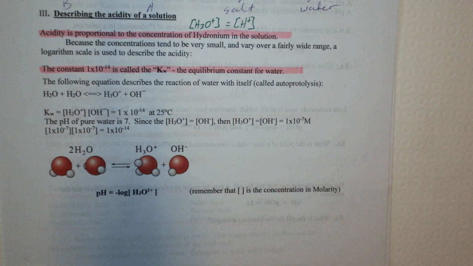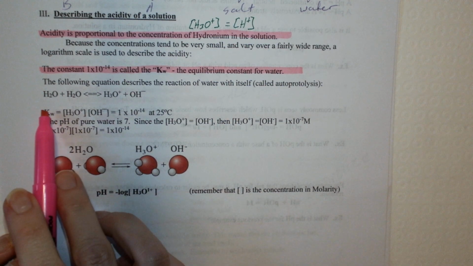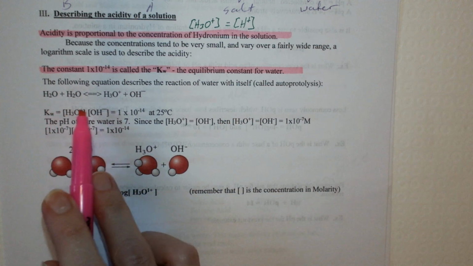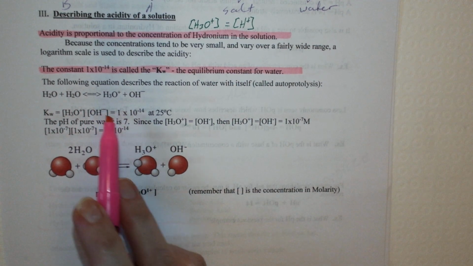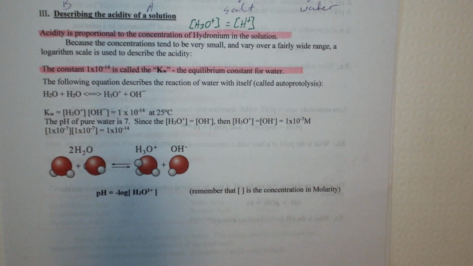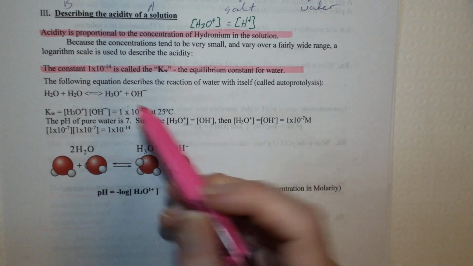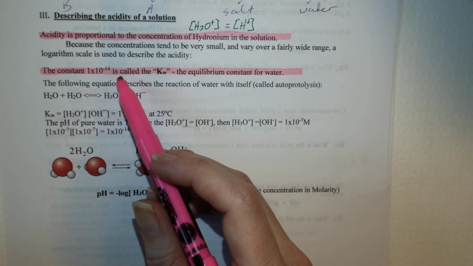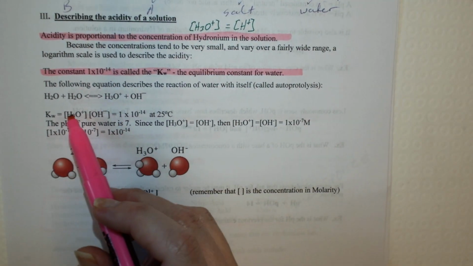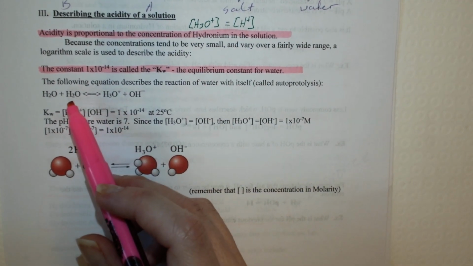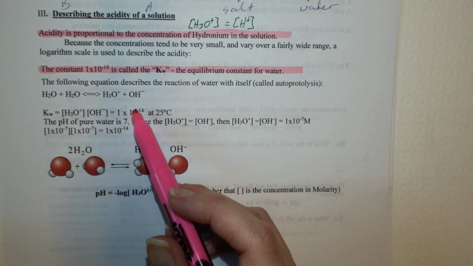It says this equation describes the water's autoionization. So water reacts with another water molecule to make hydronium and hydroxide. But this only happens to a very, very tiny amount. Only 1 times 10 to the negative 14 of all water molecules in a pure water solution even do this.